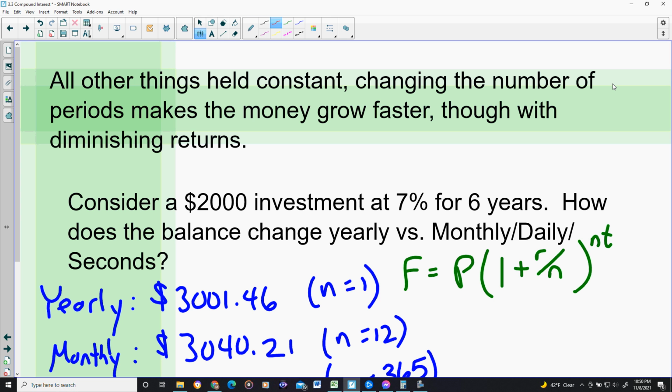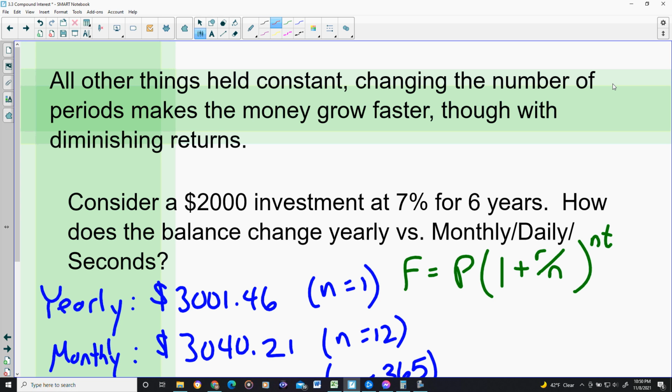And that gives you more money. So consider a $2,000 investment at 7% for 6 years. If you just do the 7% once a year, so you do it 6 times, once per year, you're making exactly 7% every year. And so you're going to get a total at the end of $3,001.46. You can trust me on that. Do the math if you want.